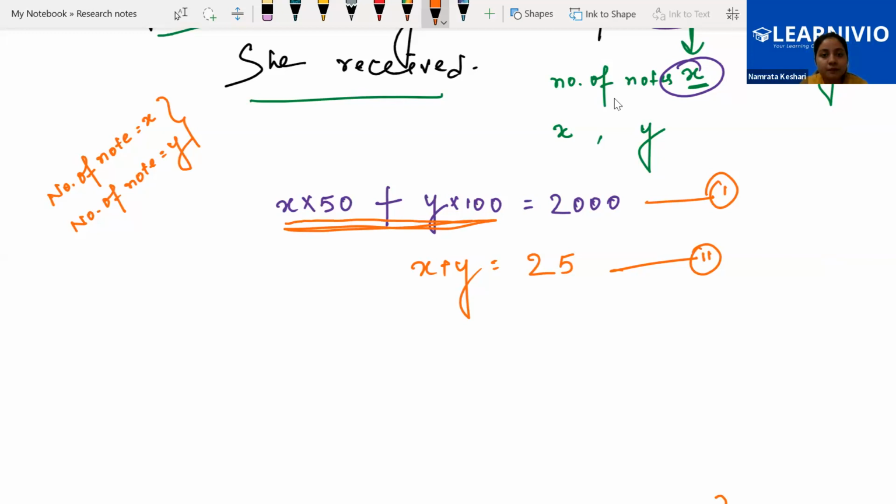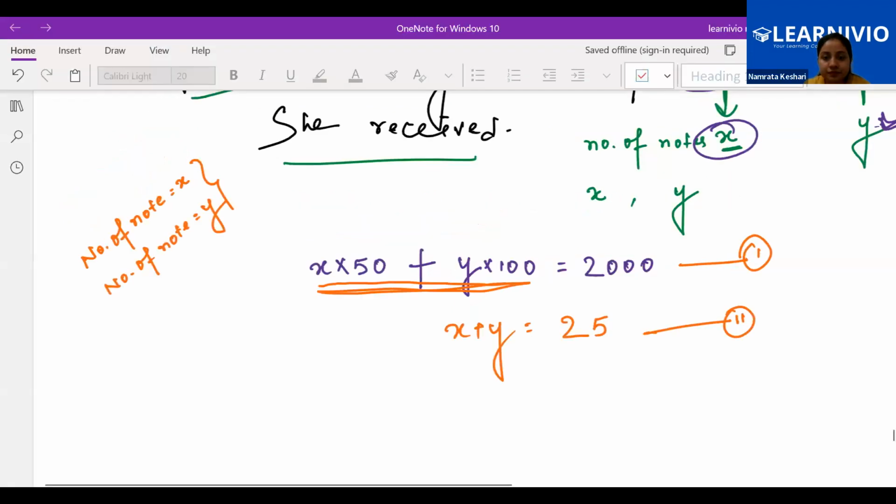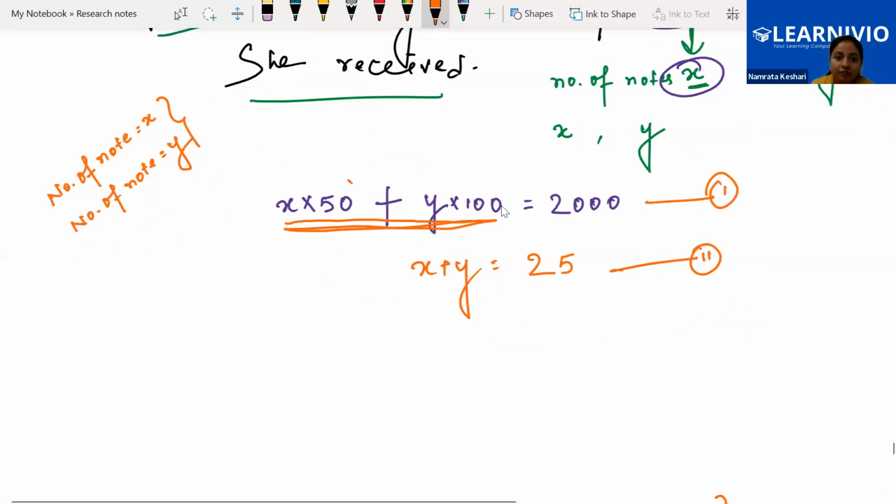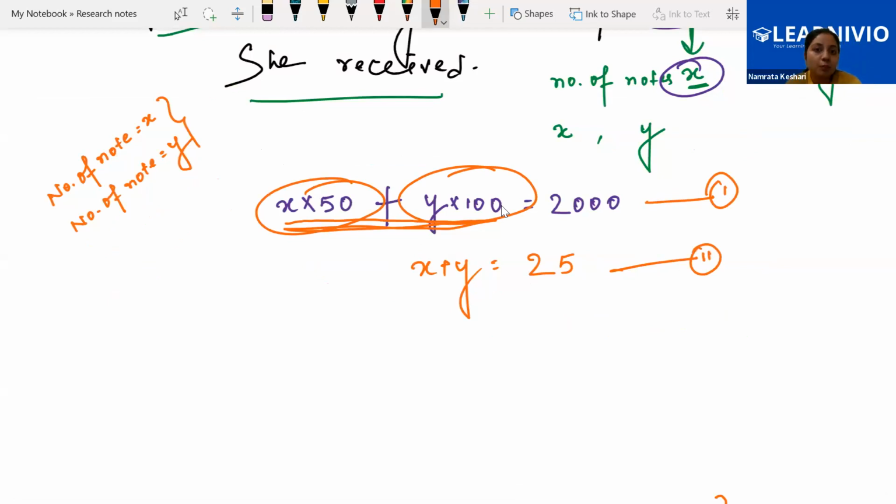Ma'am, x and y. 50 is there, 100 is there. If I want to take a number as common, what will be that number?